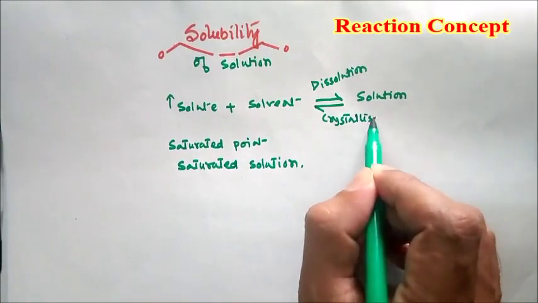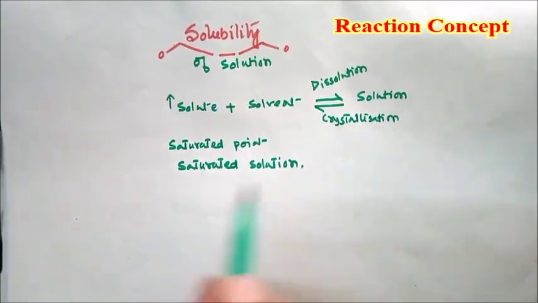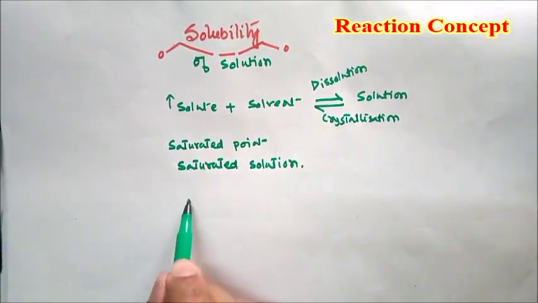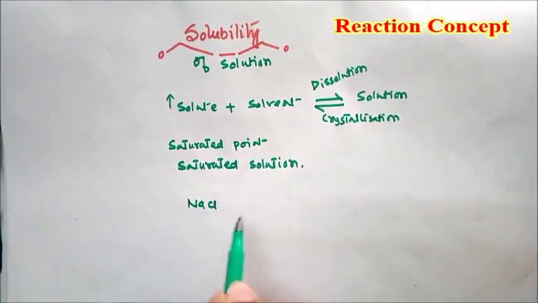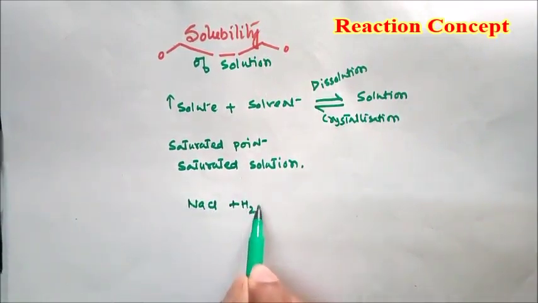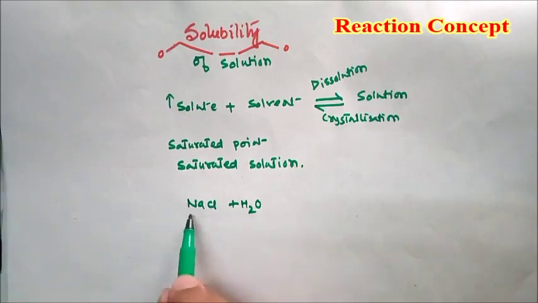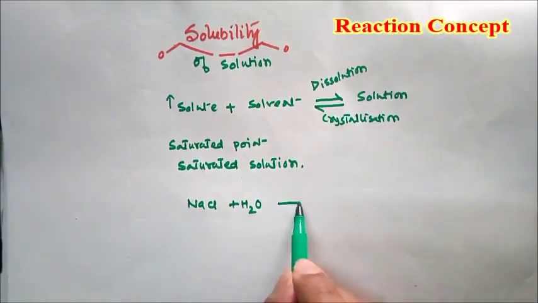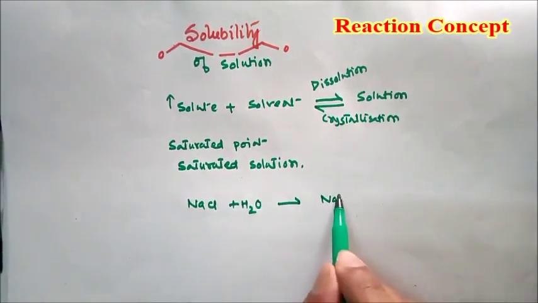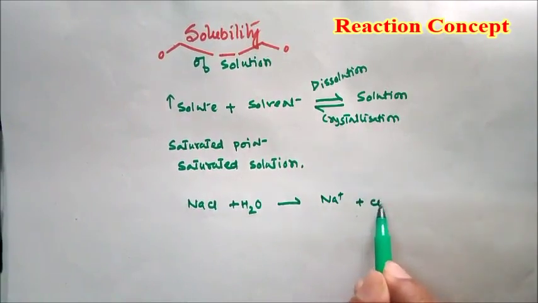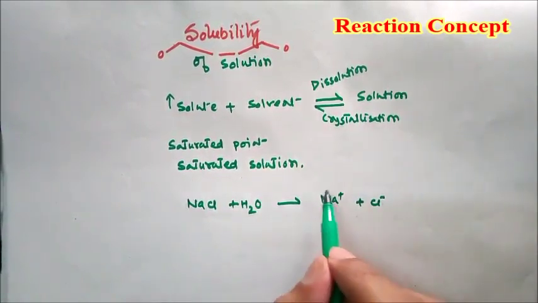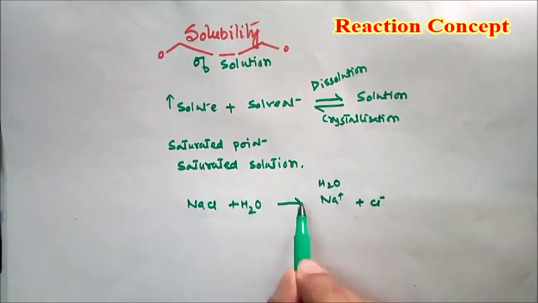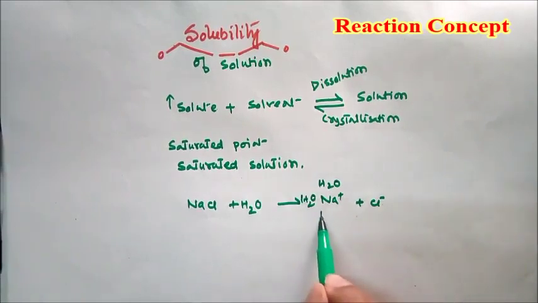So what has happened in this solution? Suppose you are dissolving sodium chloride in the solvent water. Then this sodium chloride will ionize as sodium ion and chloride ion, and the solvent molecules will surround these ions.